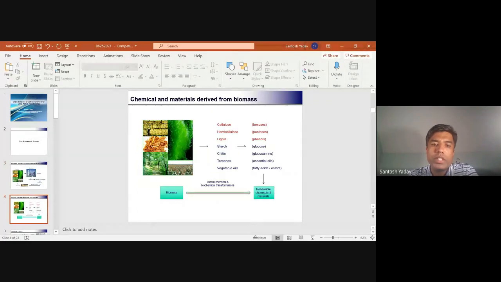If you look here, for example, take any biomass, and we can extract different polymers like cellulose, hemicellulose, lignin, starch, chitin, and terpene or vegetable oil, and then finally we could change them into further different chemicals like hexose and pentose, which could be used to make polymer. So basically we are taking biomass, extracting chemicals, and converting them to polymer.